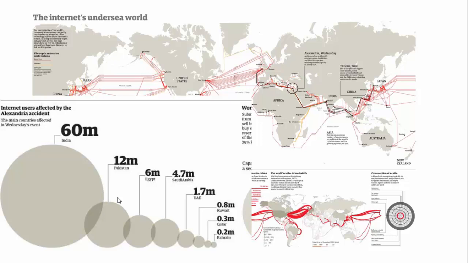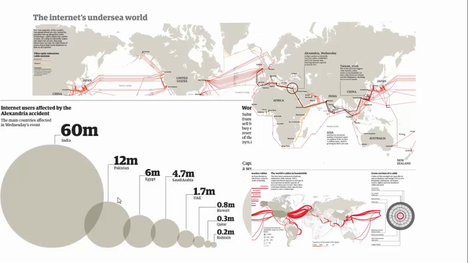And looking at the numbers, India had 5 times as many people affected as Pakistan. And if I look at the circles that represent India and Pakistan, it does indeed look as if the Pakistan circle is a fifth of the size of the India circle.